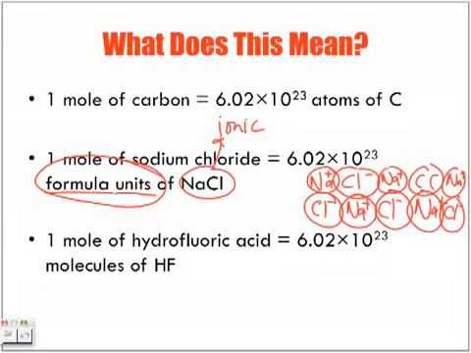Now, if we're looking at it in terms of a molecule, 1 mole of hydrofluoric acid is equivalent to 6.02 times 10 to the power of 23 molecules of HF.